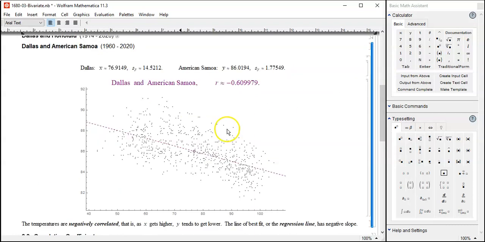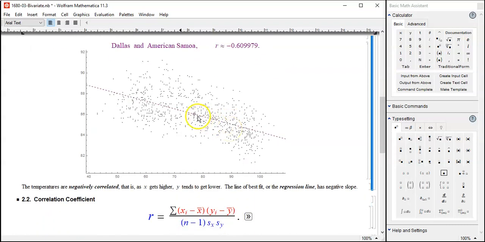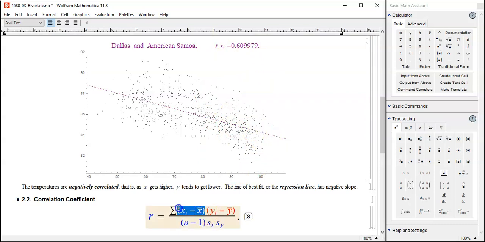How about in this case? It's different now. If I select some big xi values here, more points are down here than up there. So when you select xi minus x bar positive, then yi minus y bar tends to be generally negative. There are some positives, but overwhelmingly negative. So overall, you're going to get a negative value.